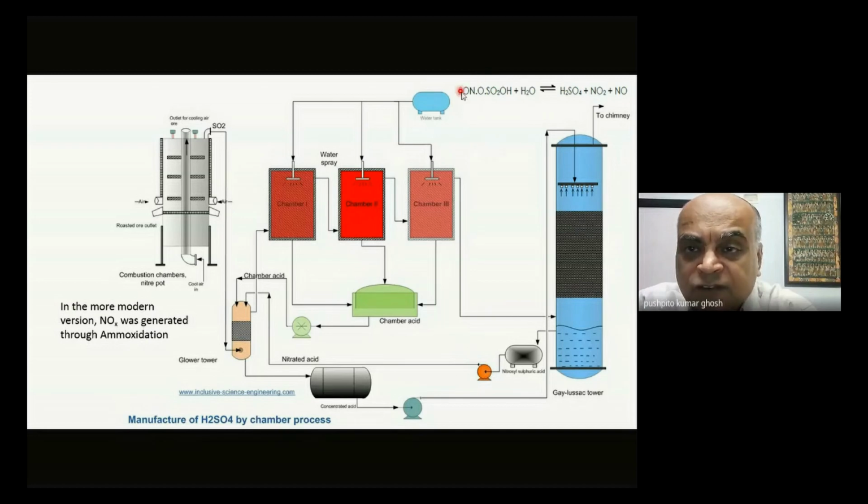So you had this stuff, you had some sulfuric acid, but there's quite a little bit of water from the chamber acid, and so these were reacting and forming more sulfuric acid, and so a weak sulfuric acid was getting converted into a strong sulfuric acid over here.